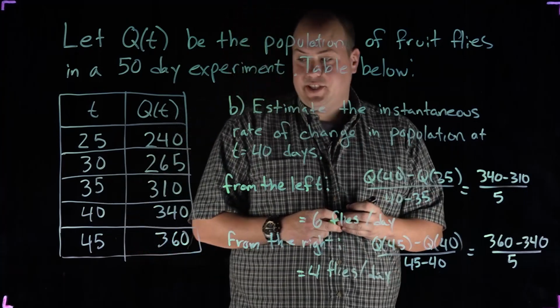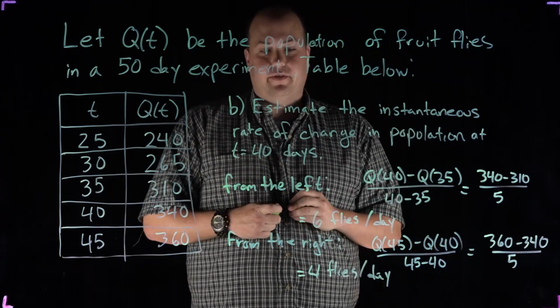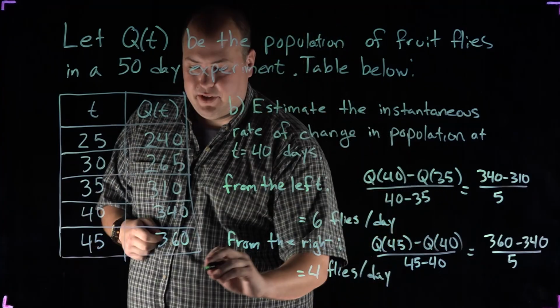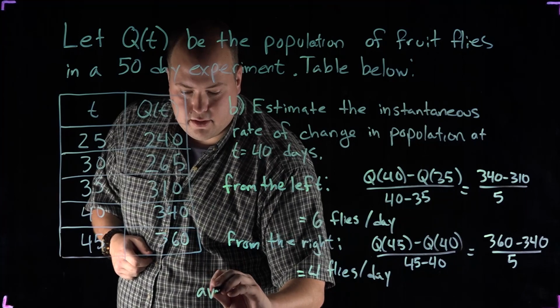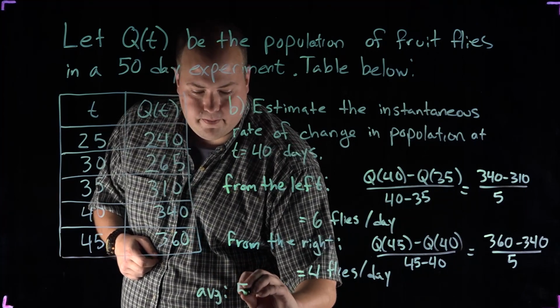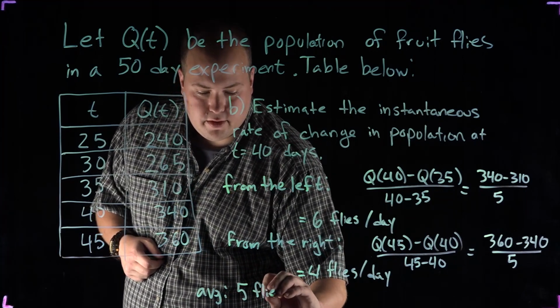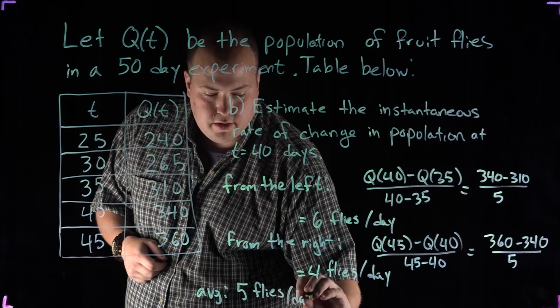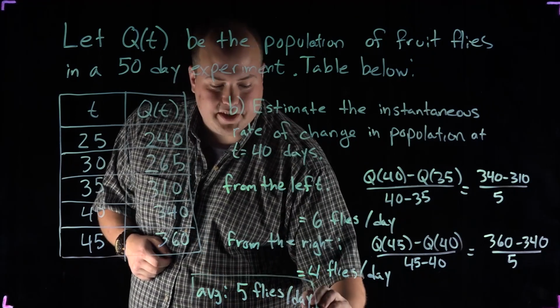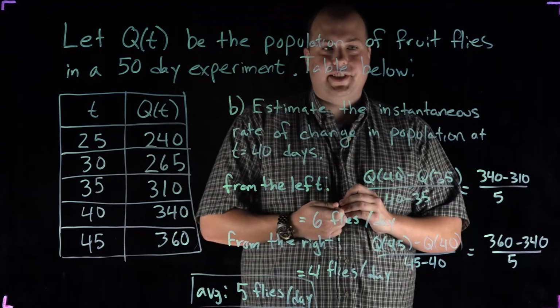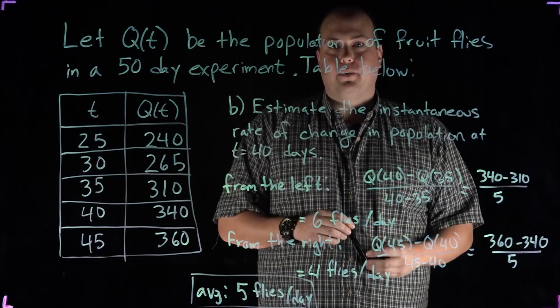If we average these two values, we'll get about 5 flies per day. And that is our best estimate for our instantaneous rate of change at t equals 40 days.